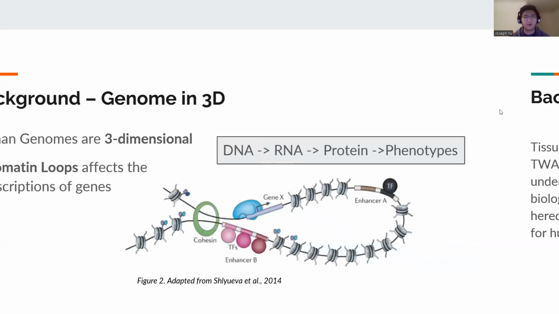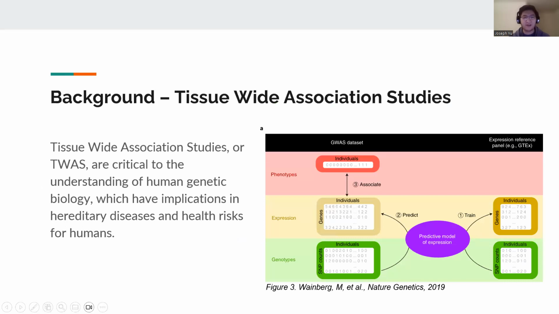And this is very important because scientists are very interested in the mechanisms and effects of gene expression. A large part of this is tied to transcriptome-wide association studies, or TWAS. TWAS uses gene expression prediction to help associate gene variation to phenotypes. Most research topics are related to hereditary diseases or complex diseases that have huge health implications for humans.